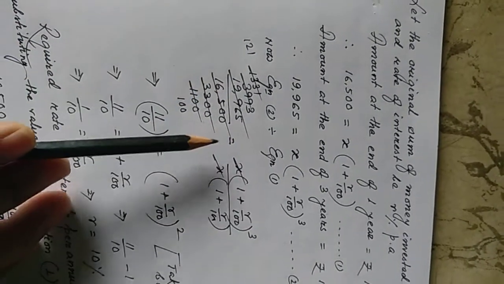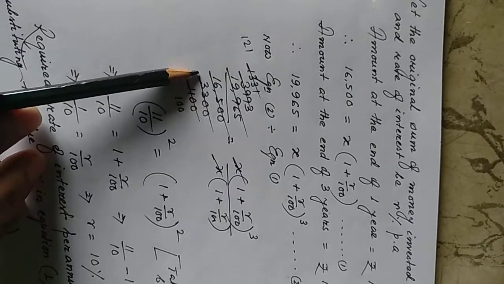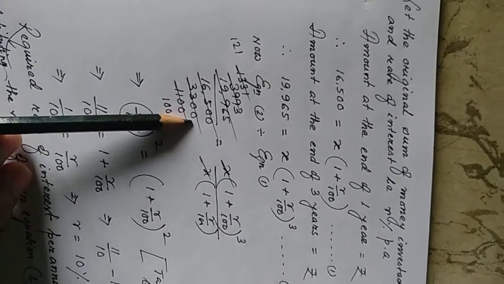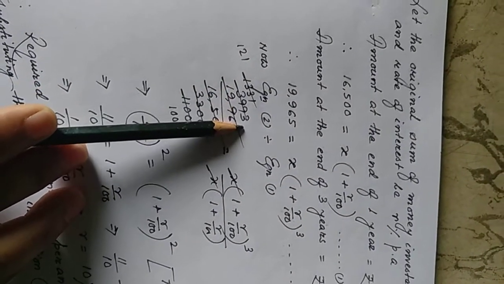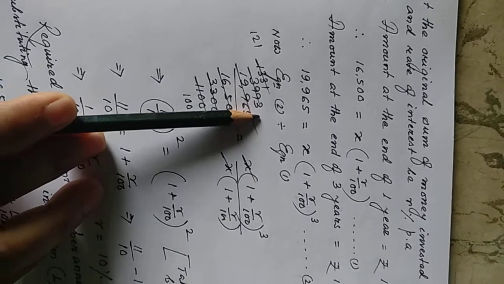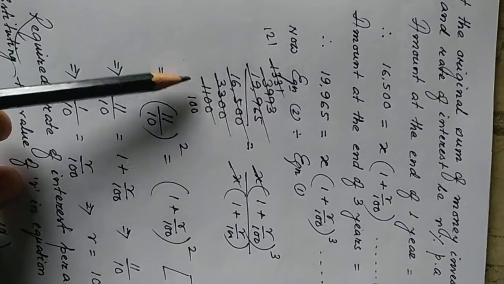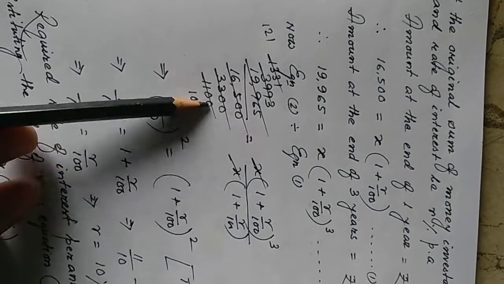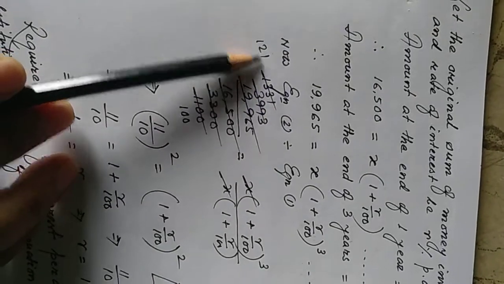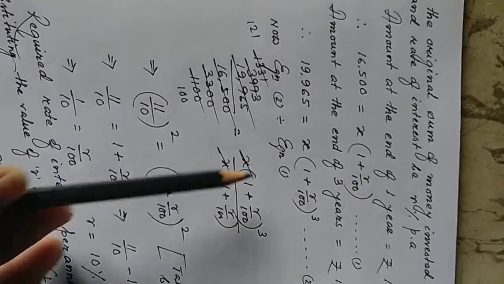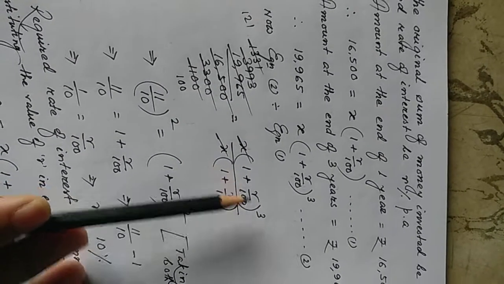And reducing this: 16,500 I divide by 5, this becomes 3,300, and 19,965 divided by 5 gives 3,993, again dividing by 3, 1,331, and this also dividing by 3, 1,100, again dividing by 11, 100, and dividing by 11, 121. And here X cancels and the powers are subtracted, so this becomes (1 plus R by 100) to the power 2.